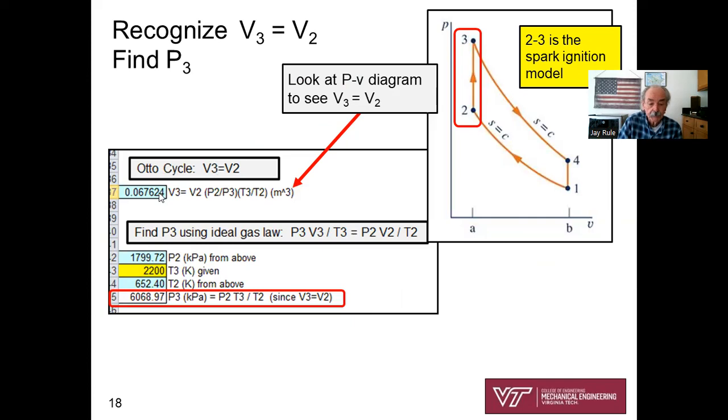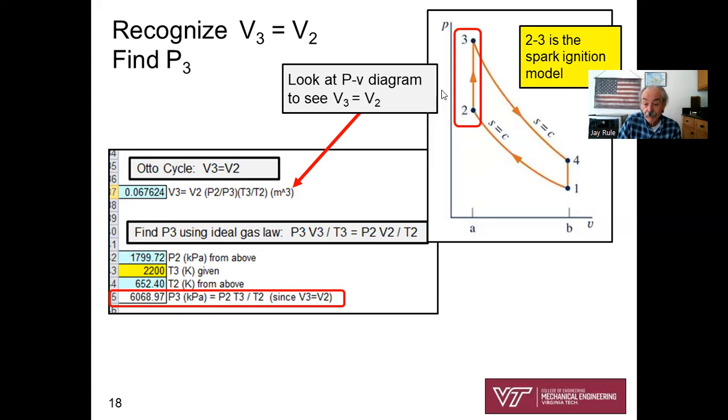V3 equals V2, okay? And so we'll use again the jingle or the ideal gas equation of state, either PV equals MRT or P3 V3 over T3 equals P2 V2 over T2. Either way, to solve for P3, that's 6069 kPa.